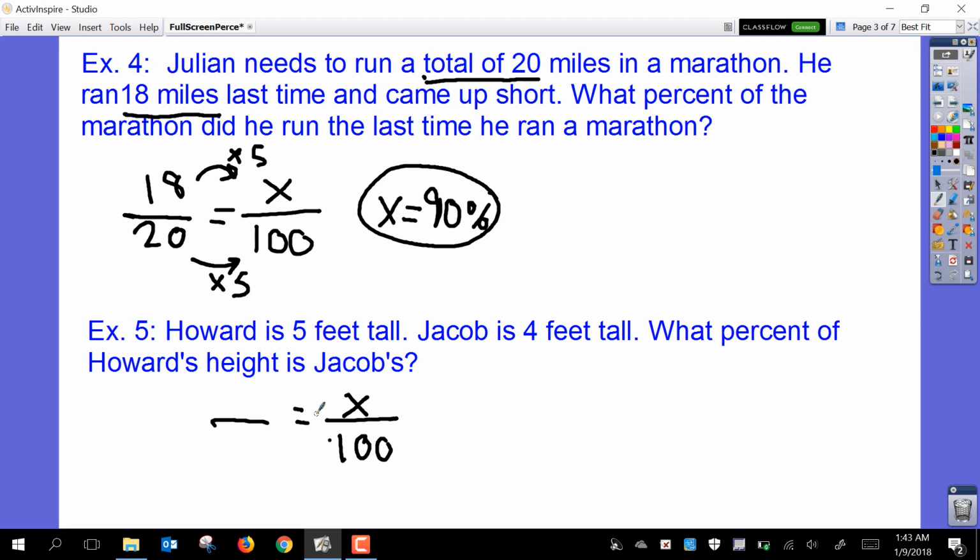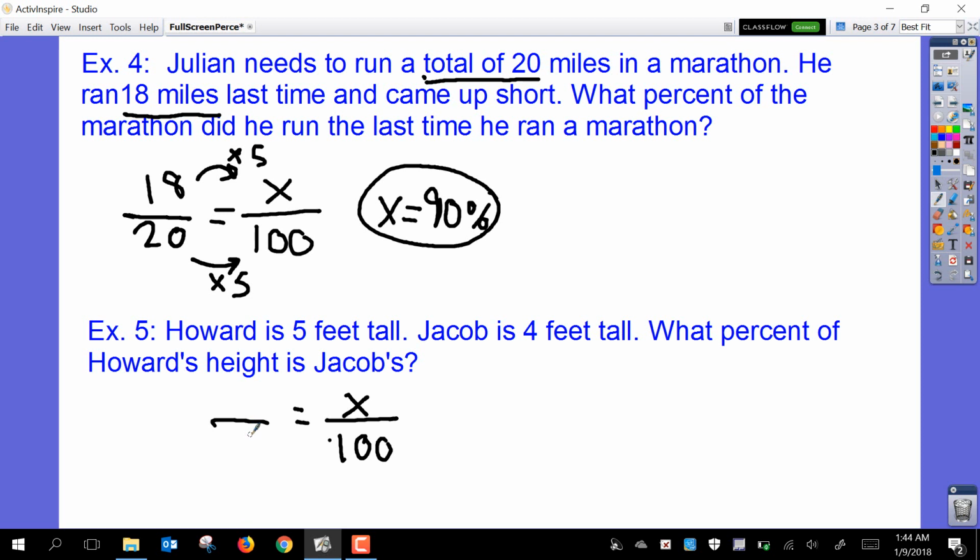It says Howard is 5 feet tall, Jacob is 4 feet tall. What percent of Howard's height is Jacob's? Since it's talking about Howard's height, I'm trying to figure out the percent in relation to him.